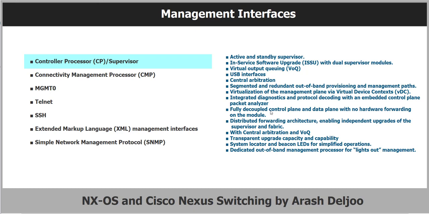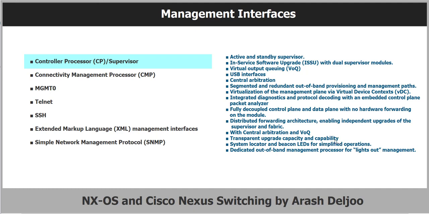And after that, fully decoupled control plane and data plane with no hardware forwarding on the module. And then distributed forwarding architecture enabling independent upgrades of the supervisor and fabric. And after that, central arbitration and VOQ enable a unified fabric.